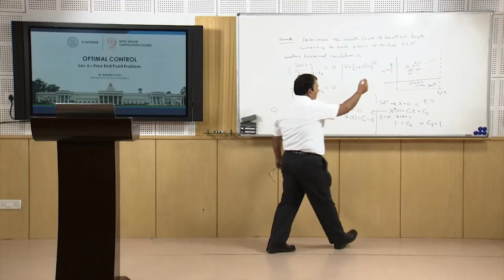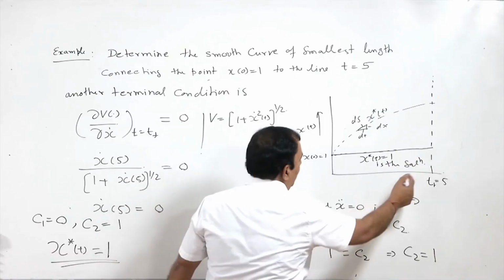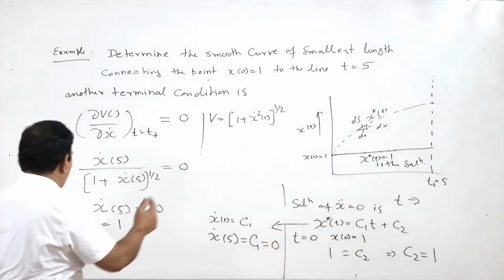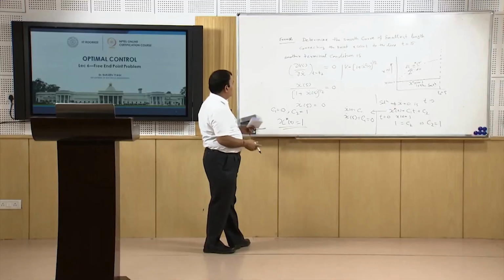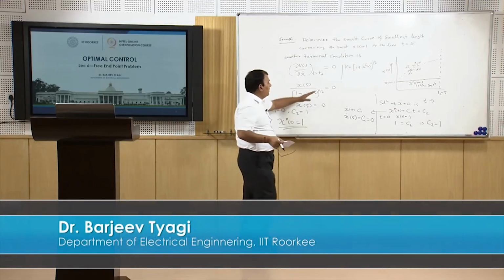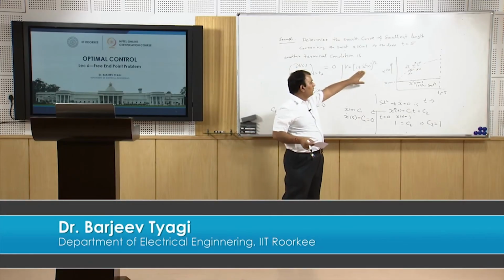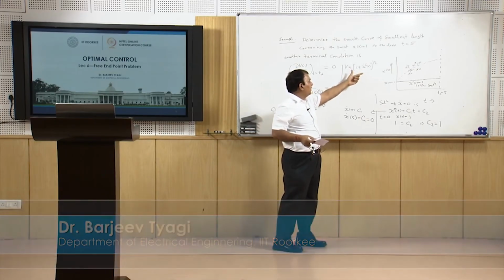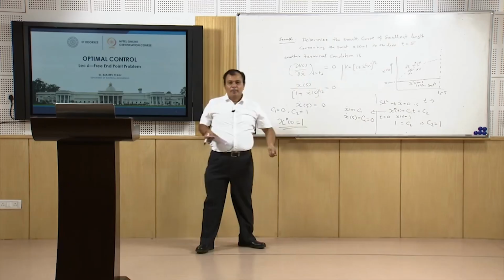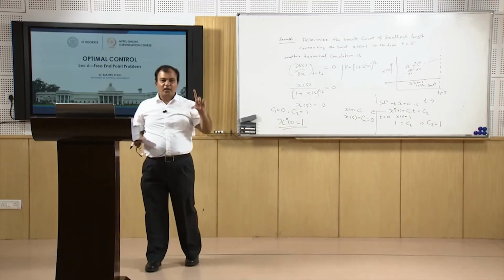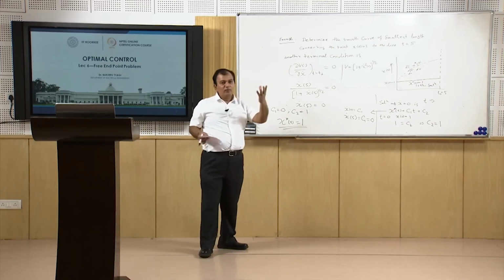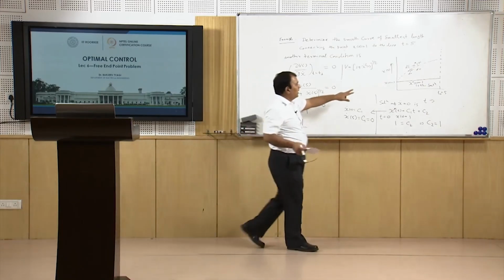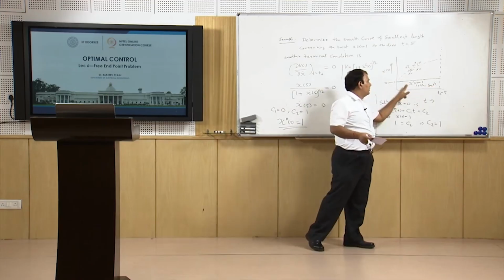So, by this we find the optimal solution for my given problem is x star t equal to 1, and if we use this x in the objective, I can find the minimal length between these two points, that is J with x star t equal to 1.